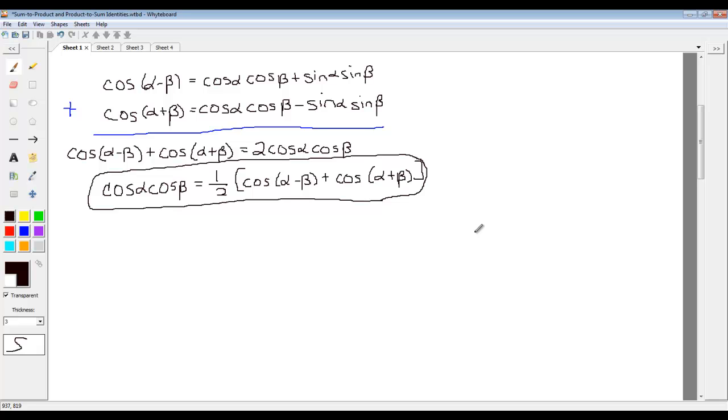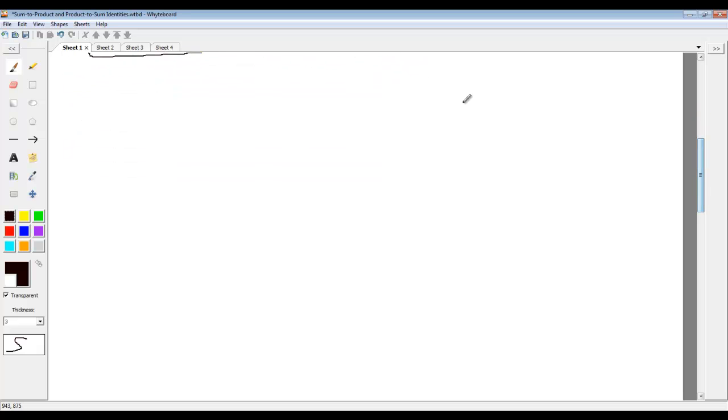Now take your sine of alpha minus beta, sine of alpha plus beta, and work with those, and that can get you 2 more. Let's say you have sine of alpha plus beta. That equals sine alpha cosine beta plus cosine alpha sine beta.